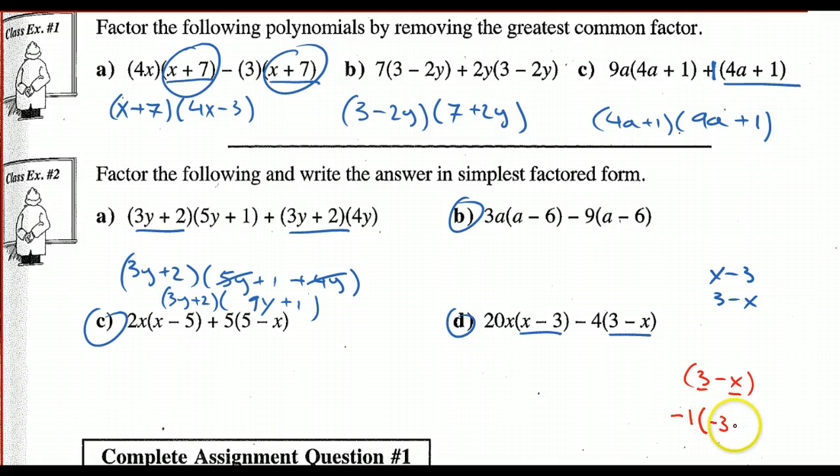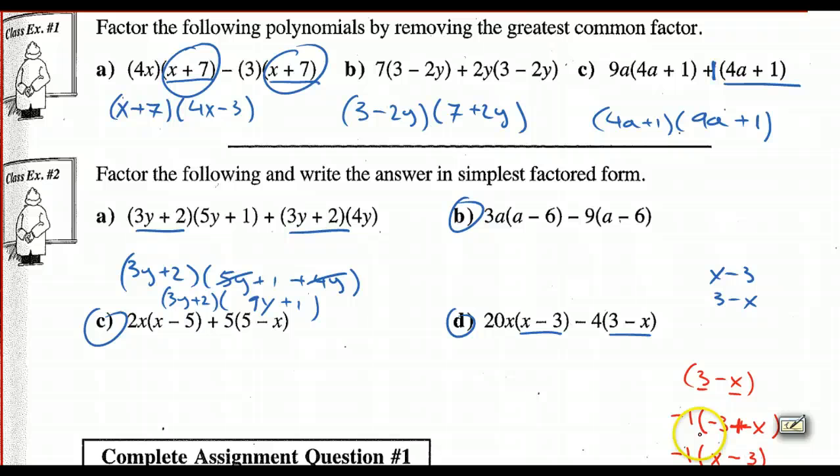That becomes a negative 3, and that becomes a plus x. Now because I'm adding them, the order doesn't matter, so I can rearrange them as a negative 1 still, times x plus negative 3, or x minus 3. Okay, so look at what I did here.